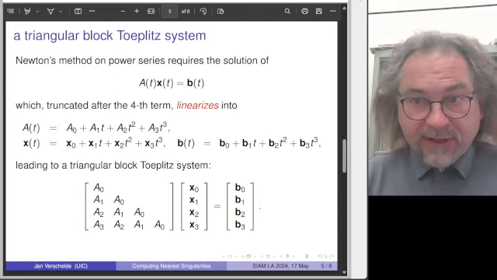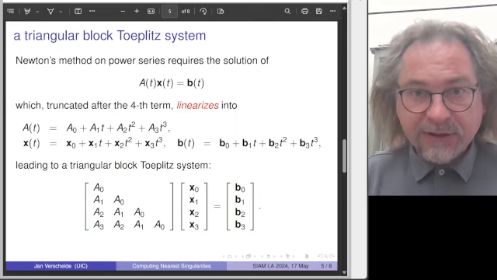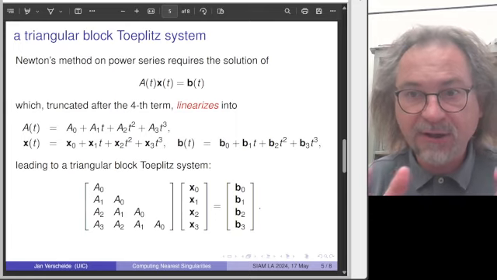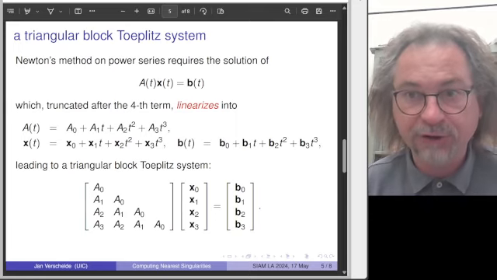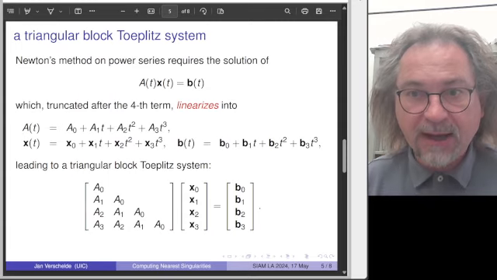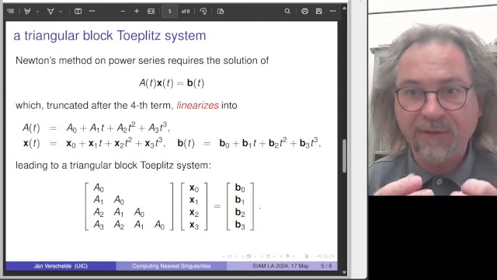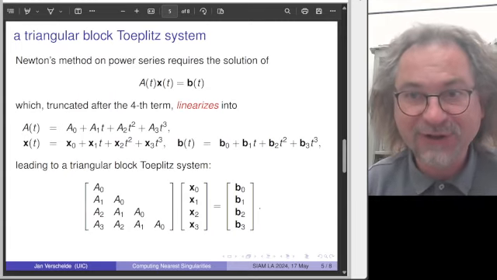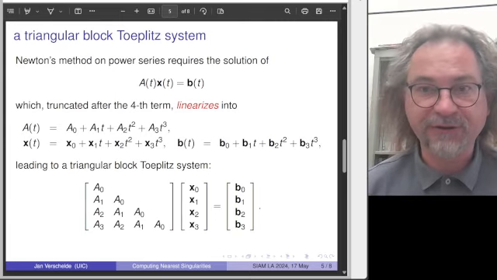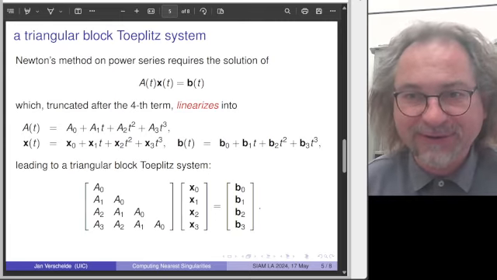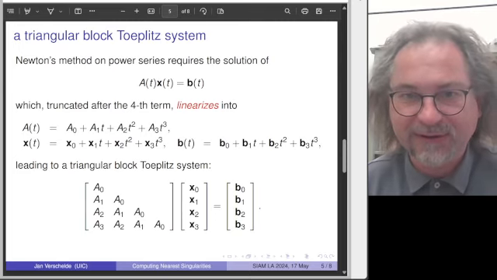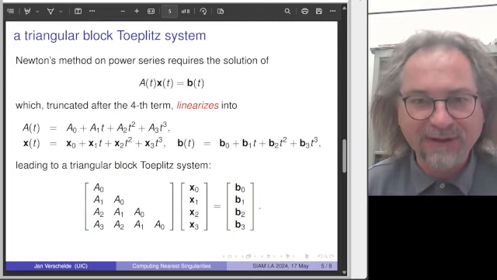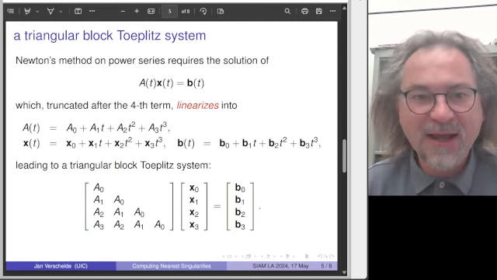You can look at this as a matrix of power series, but linearization is looking at a series where the coefficients are matrices. And you solve for vectors, not vectors of power series, but actually you solve for series where the coefficients are vectors. This is an important idea, and I got to this idea by going to the 2016 conference on linear algebra. It was in Leuven, Belgium.